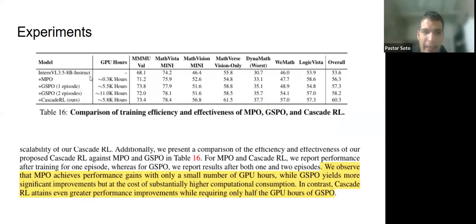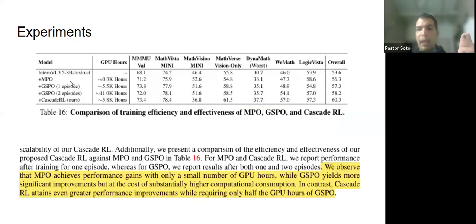And this is a core experiment because it allows us to demonstrate why going through the cascade reinforcement learning matters. What they did is compare the effectiveness of the instruct model with the MPO stage. That, remember, is the first stage of the cascade reinforcement learning.